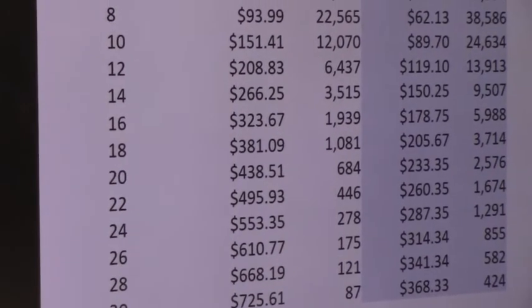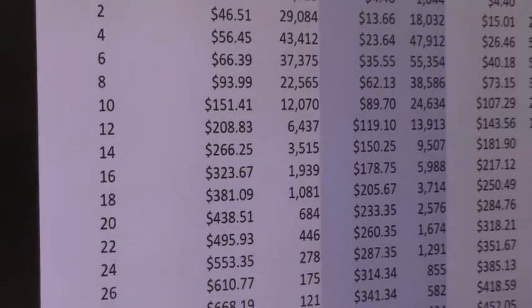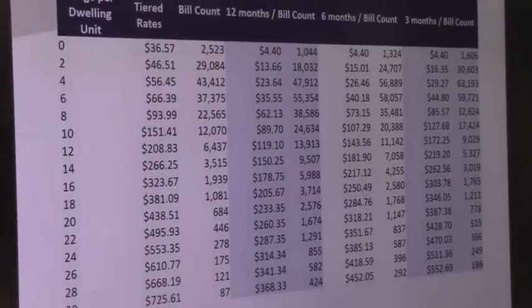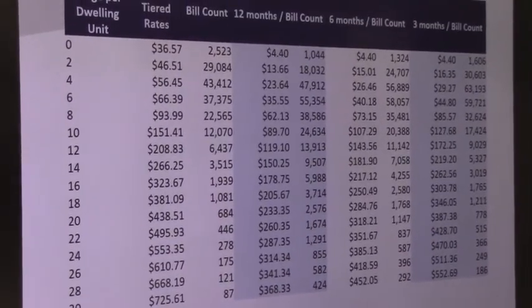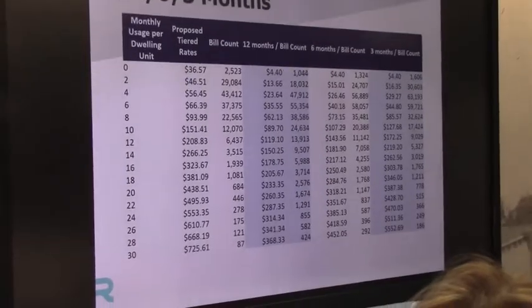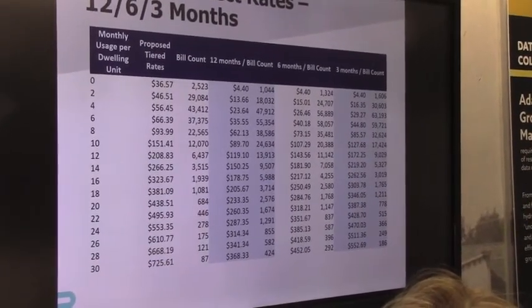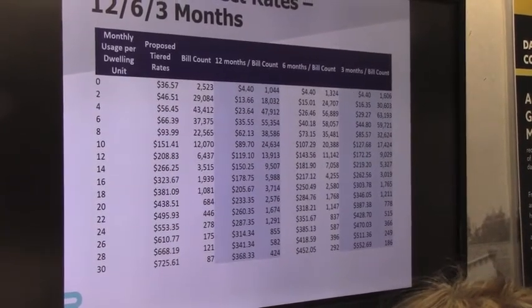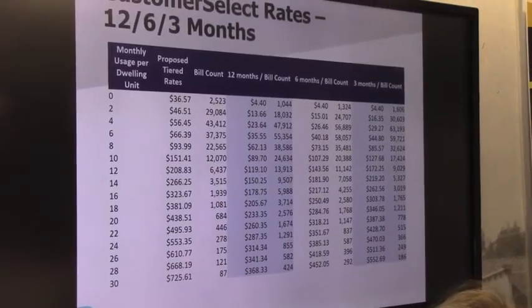Well, we can't go to 4 tiers. Well, whatever, this is not even close to 4 tiers. That's not an option. Well, this is like 30 tiers, 20 tiers, whatever, 15 tiers. No, it's just a multiplier. And if you have large groups, so 0 to 6, you charge, what is it, like $44? People that use 2 units, that's not fair. I know you don't care about fair, but we have to be fair and equitable.